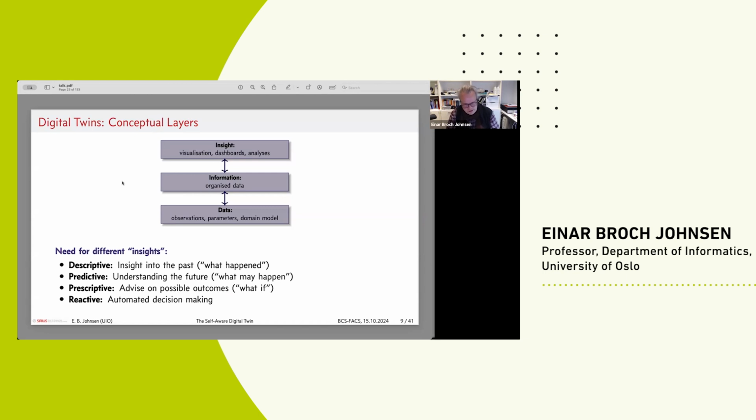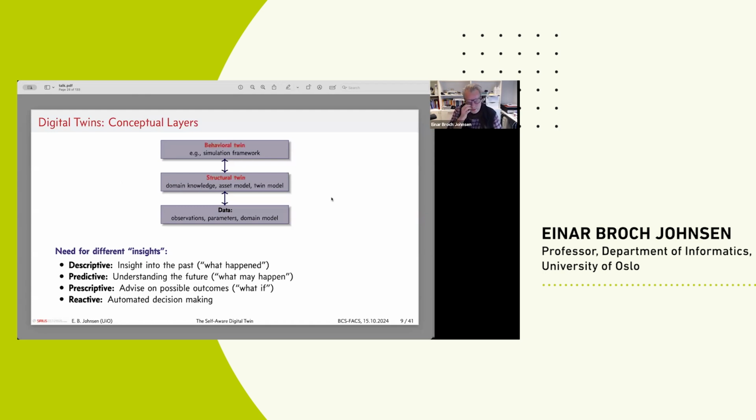Then we have prescriptive insights, which is to set up this twin in order to provide advice on different possible outcomes. So this is sometimes called what-if scenarios and the analysis of what-if scenarios. And then we have this reactive layer where the twin itself can go in and make decisions about the physical system. So this is typically related to automated decision making.